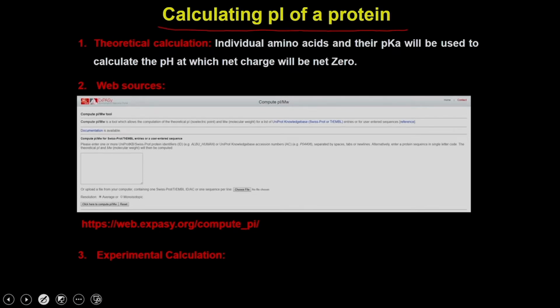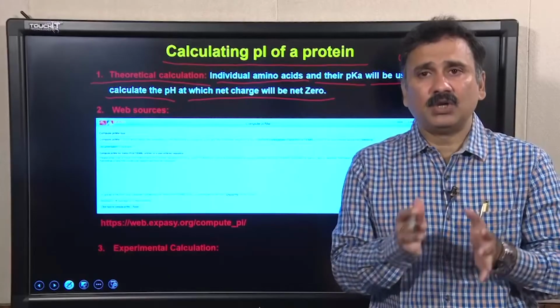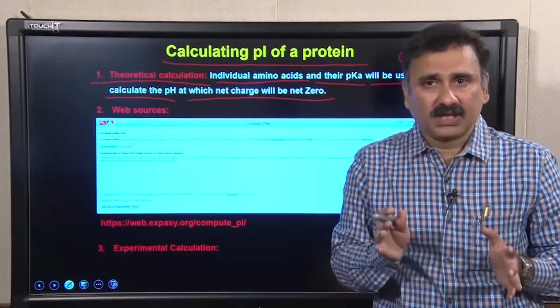One is you can use theoretical calculations, which means if the amino acid sequence of a protein is known, then you can take the individual amino acids and their pK values, which will be used to calculate the pH at which the net charge will be 0. So, what I am saying is the net charge, not the total charge actually.